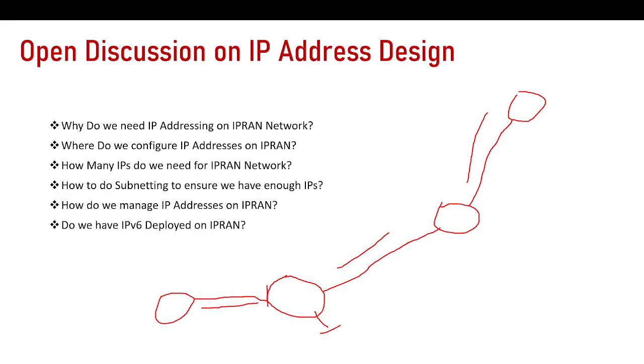Which subnet do you use for the CSG to BTS connection? Which IP address subnets do you use for your RSG to the controller connections? Because whenever you are doing the subnetting, of course, you need to do it properly so that you have enough IPs for deploying your entire network.